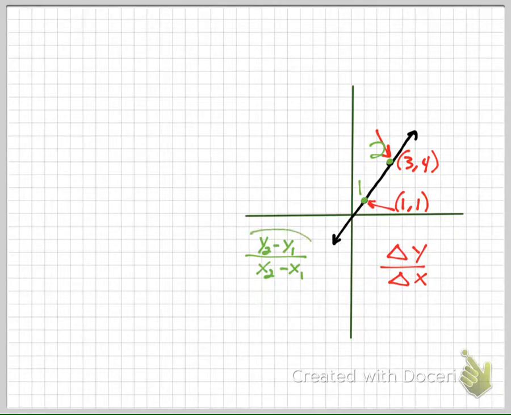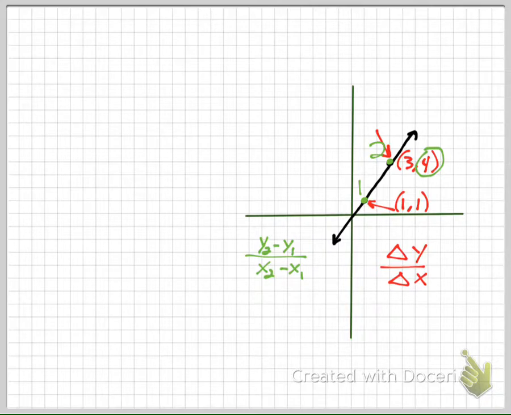In other words, we're going to take point 2 and take the y from point 2 and subtract the y from point 1, and then take the x from point 2 and subtract the x from point 1. Let's plug this in now. What would y2 be then? Which one is y2? This 4. Do you agree with that? That's the y in point 2.